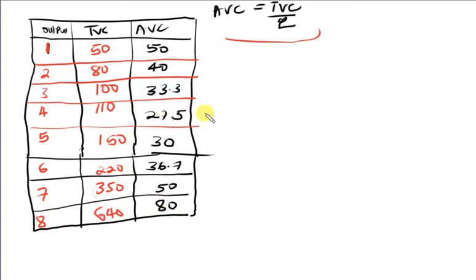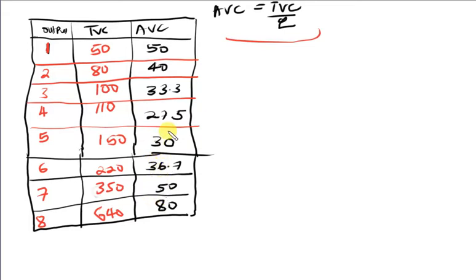So I want you to get a graph paper and try as much as possible to plot this, because if you look at the way things are looking, the curve slopes. The average variable cost starts from 50, it goes down, it keeps sloping, declining to 33, declining to 27.5. This appears to be its minimum, and then it starts increasing once more.